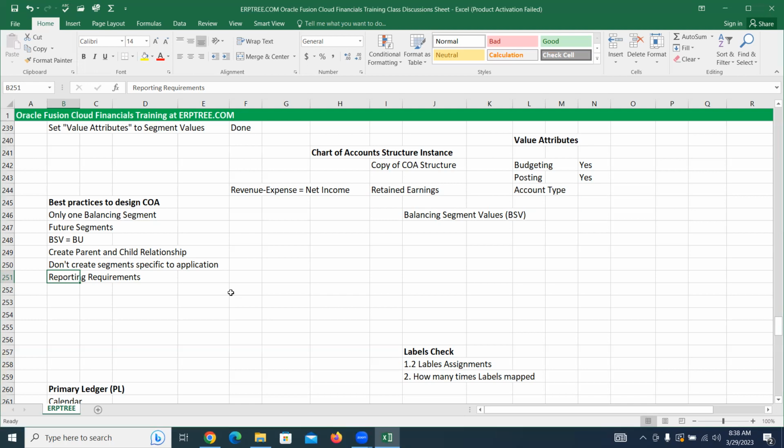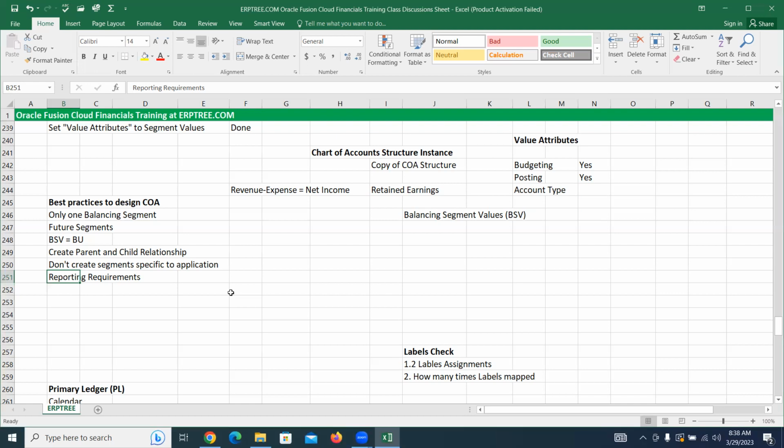It could be any, like you may create income statement or balance sheet or trial balance or cash flow statements, anything. Any financial reports you generate, you should be able to capture enough or say required information as a part of report generation. Whatever the segments you have, accordingly you can generate the reports.